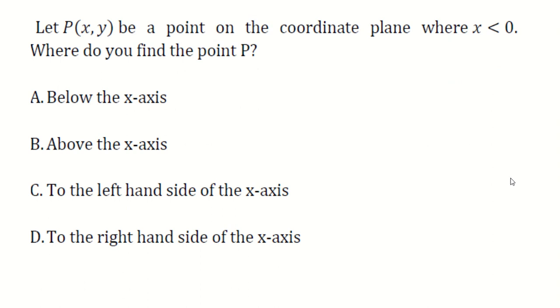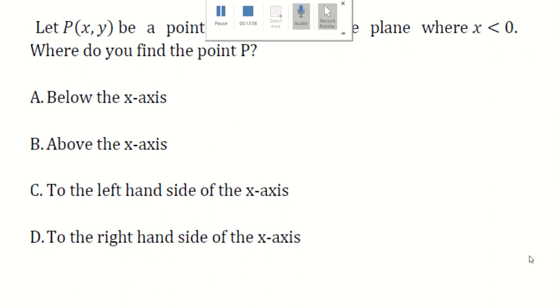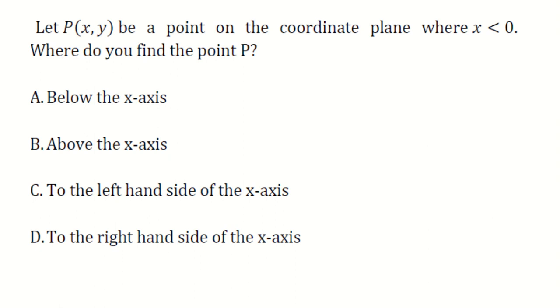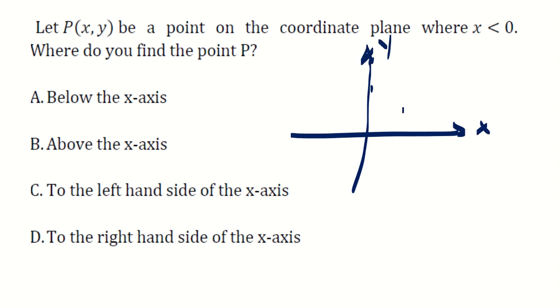Okay, the next question says, let P(x, y), any point here, be a point on the coordinate plane, and x is less than 0. So in the xy coordinate plane, first of all, we need to recall the coordinate axes. Let's consider this one as the x-axis, this one as the y-axis.